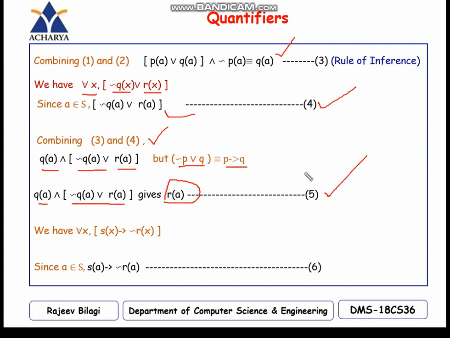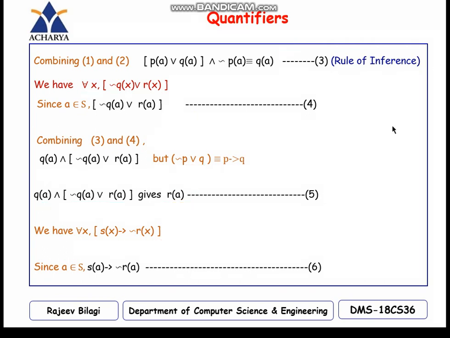So I am getting R of A. With the last statement, I can write S of A, then negation of R of A.